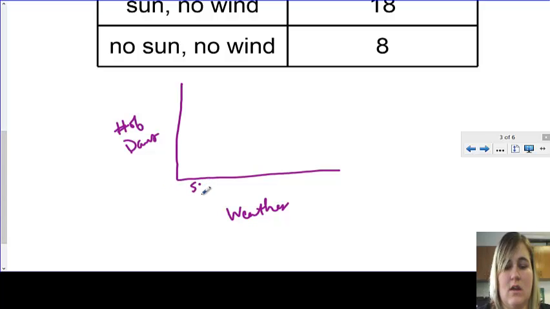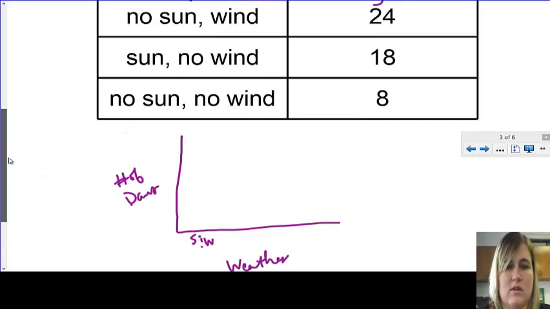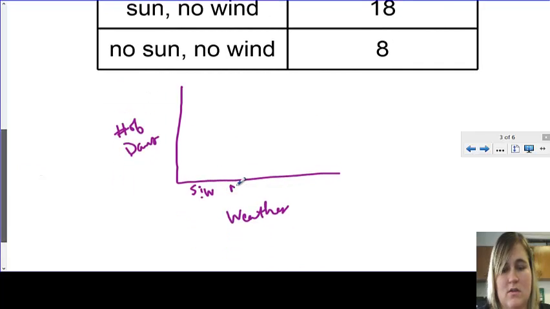So sun and wind. The next one is no sun, wind. So no sun and wind. The next one is sun and no wind. And the last one is no sun and no wind. Okay, see my abbreviations are very nice.